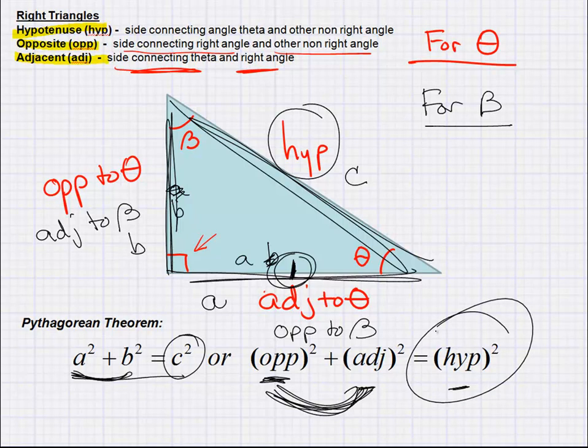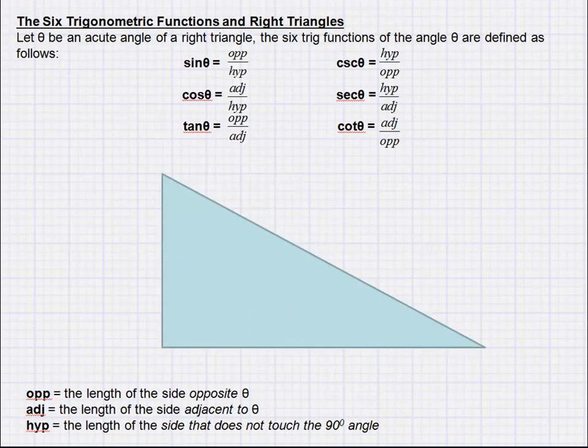And once you get that down, then we can look at using these side lengths to define our trigonometric functions. So if I look at a right triangle, and I say this angle right here is my theta, this is my hypotenuse, this is my opposite side, this is my adjacent side.